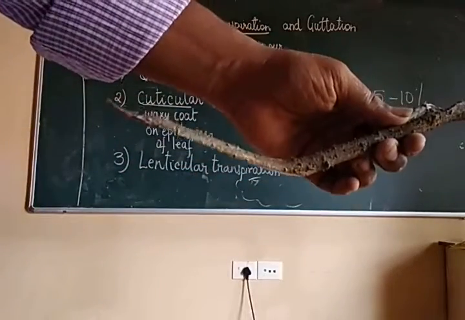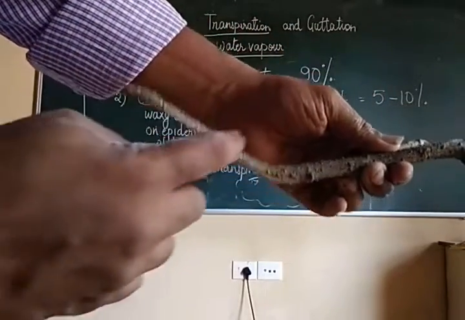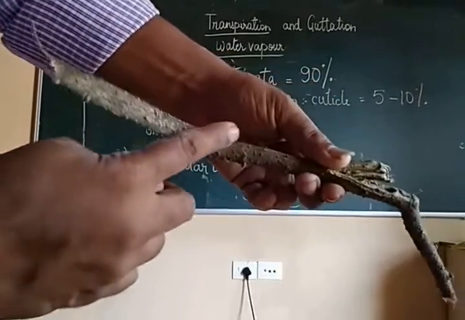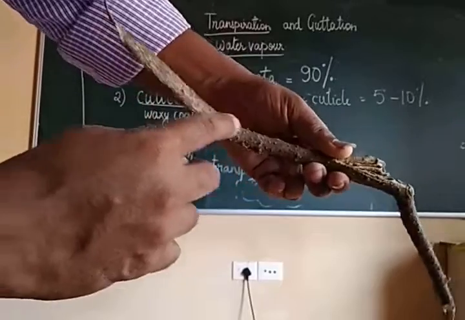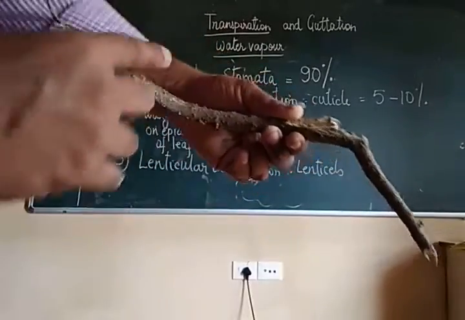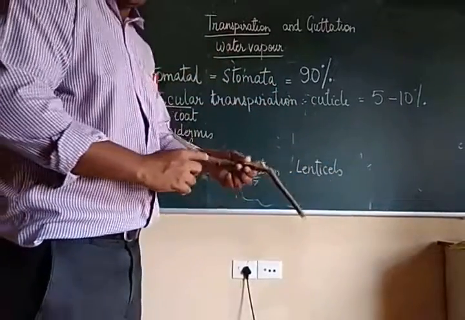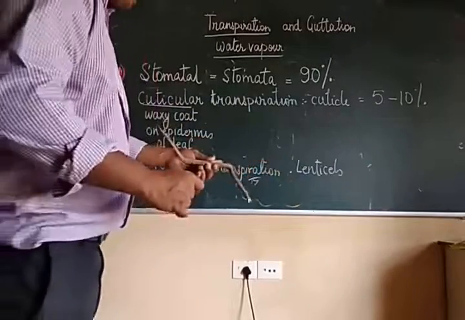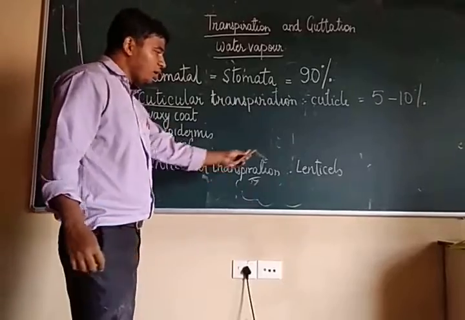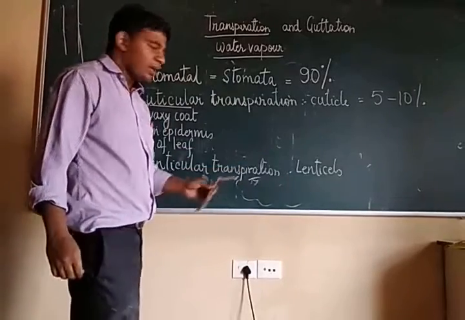You can see this stem. These are the pores, and they also release water in the form of water vapor. This type of transpiration is called lenticular transpiration.